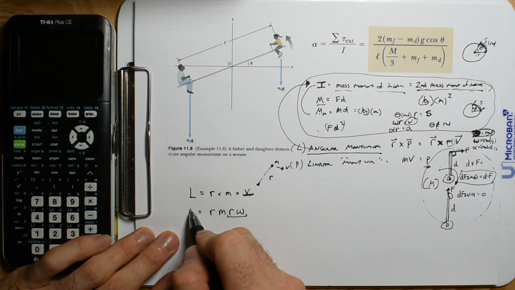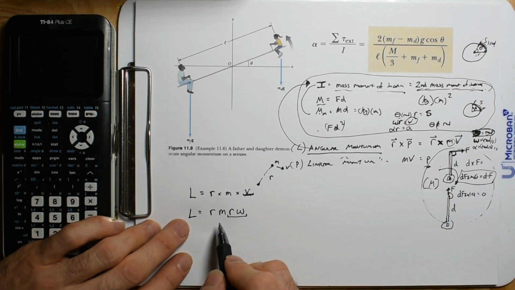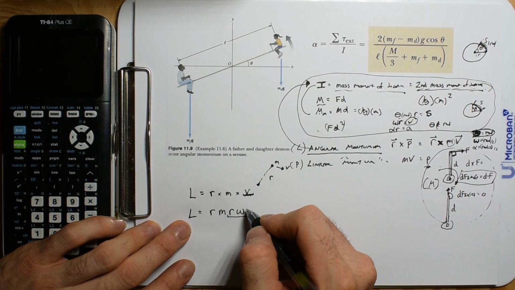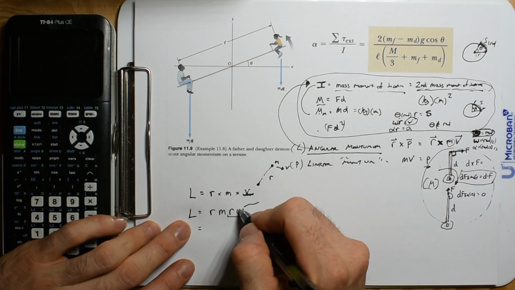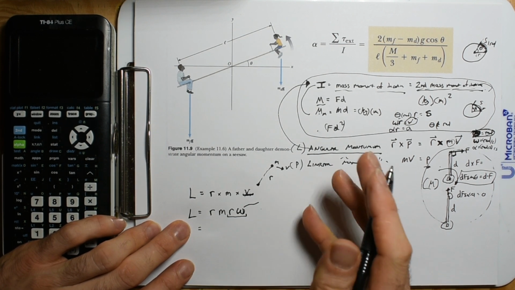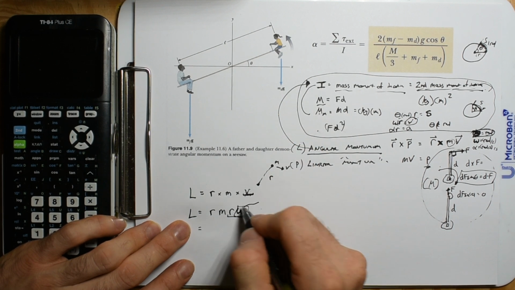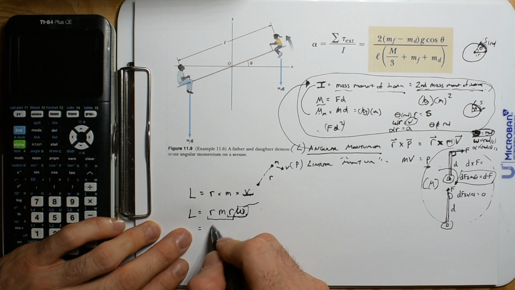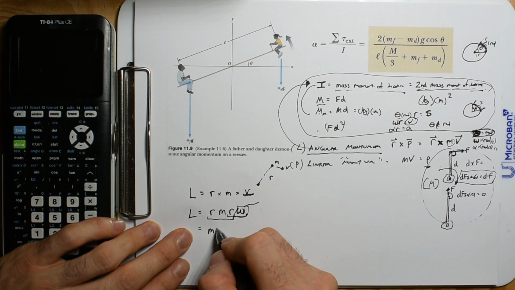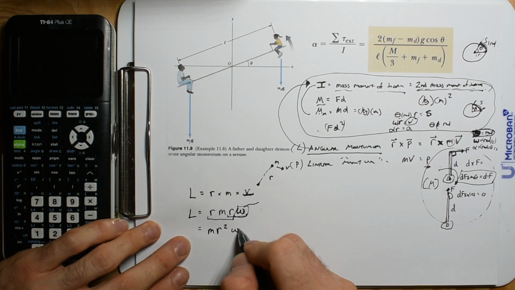But then from this angular momentum equation, at the end of the day, sometimes your angular velocity is constant, or sometimes that's just all we want to find. So we're going to lump all these things together, and this is going to be mass times radius squared times omega.